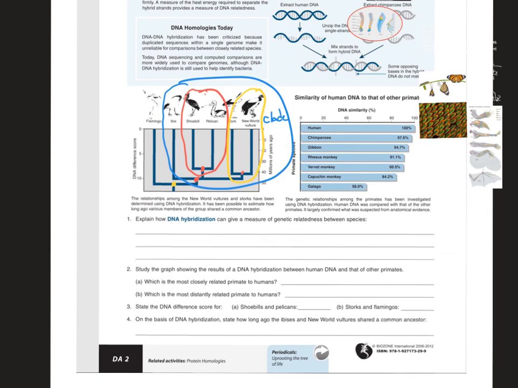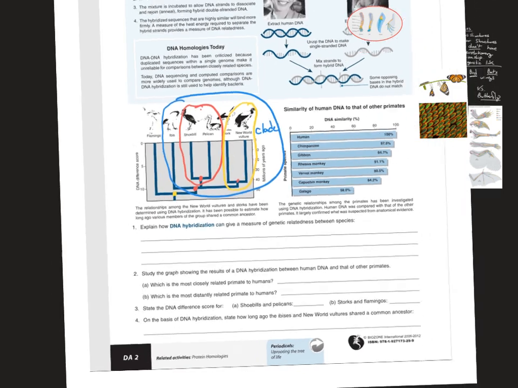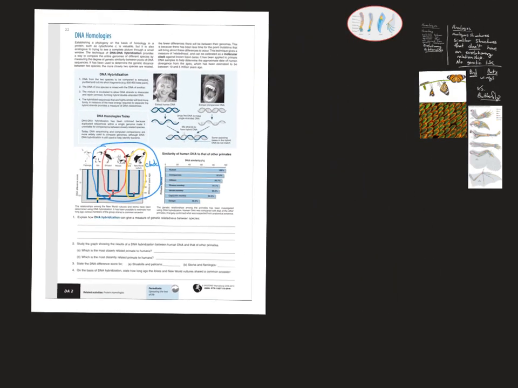All right, so hopefully you understand DNA hybridization and that it directly measures the similarity between DNA sequences. And you already know that DNA is inherited from an ancestor. So let me just lay it out.